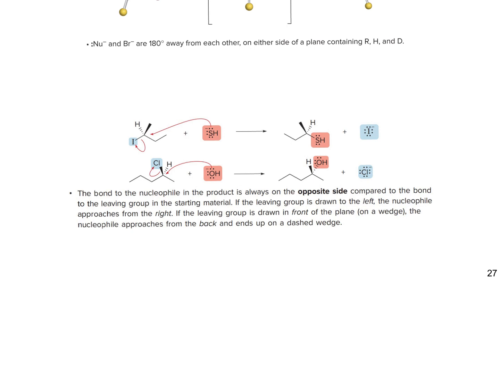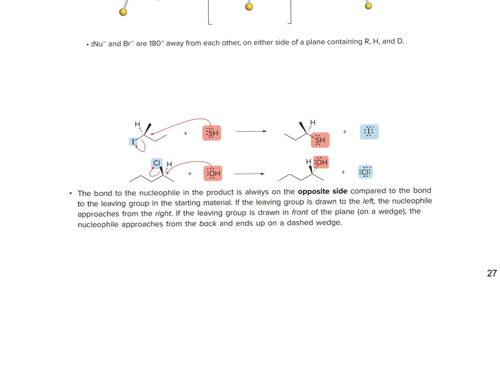This halogen leaves, and we end up with a different configuration here than we had here. So the big thing that we notice here is the bond to the nucleophile in the product, here and here, is always on the opposite side compared to the bond of the leaving group in the starting material.